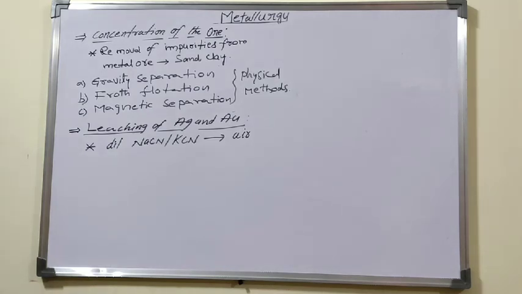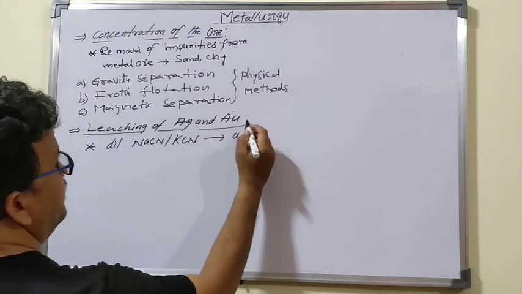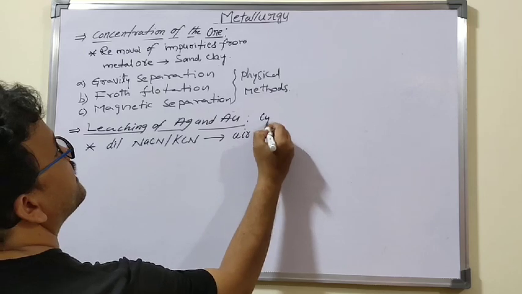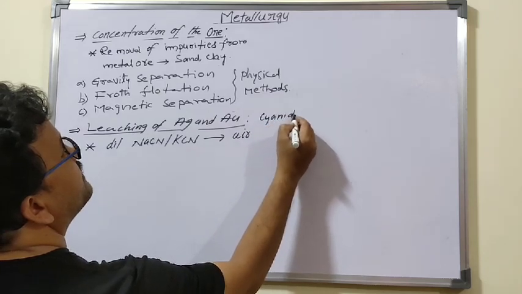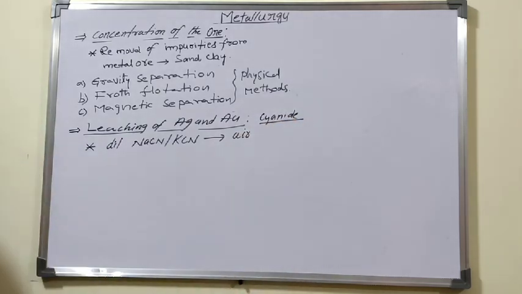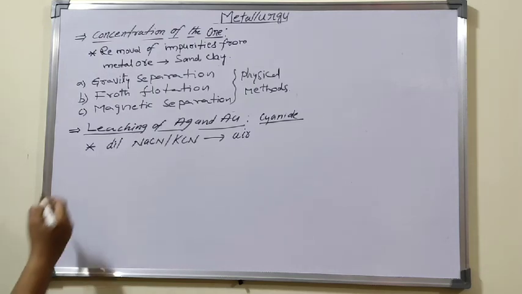Then we are getting the respective concentrated ore. Here we are using cyanides, that's why we call it the cyanide process.